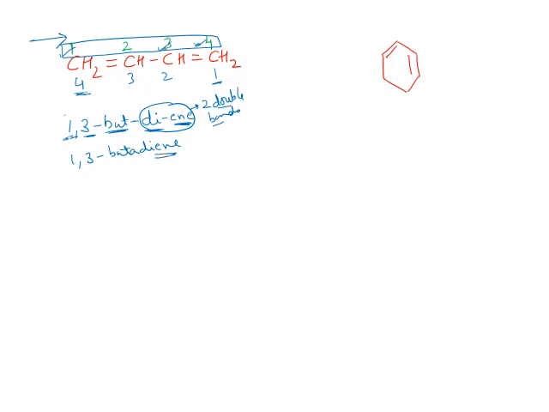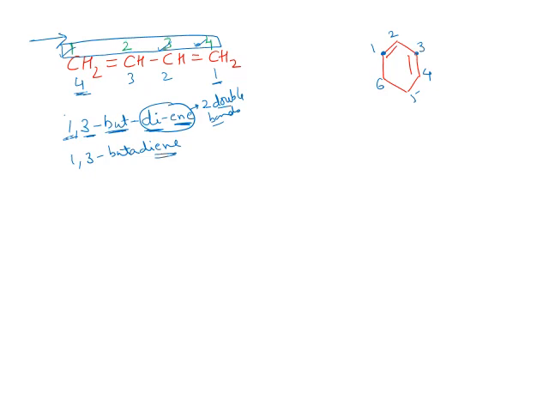So again you have to start giving the preference to a double bond. 1, 2, 3, 4, 5, 6. So in this case I'm giving the preference to the double bond, one on the first carbon, another one on the third carbon.